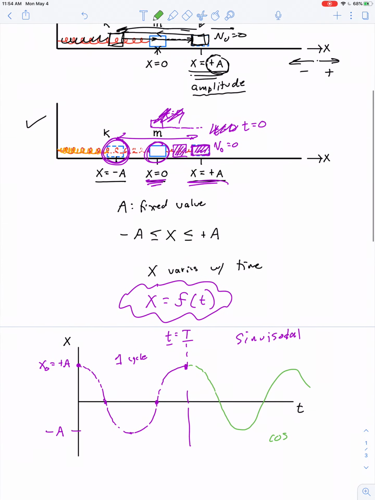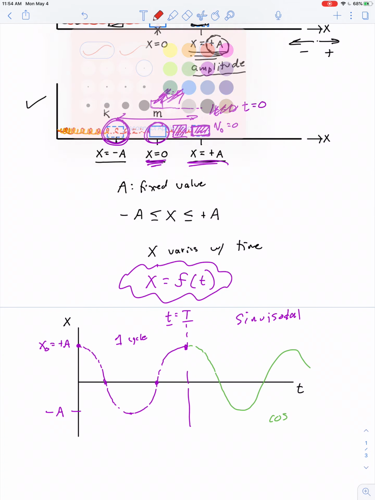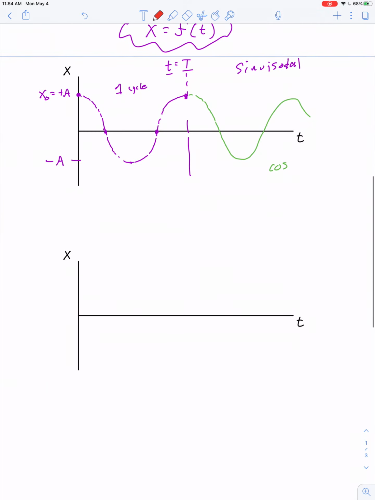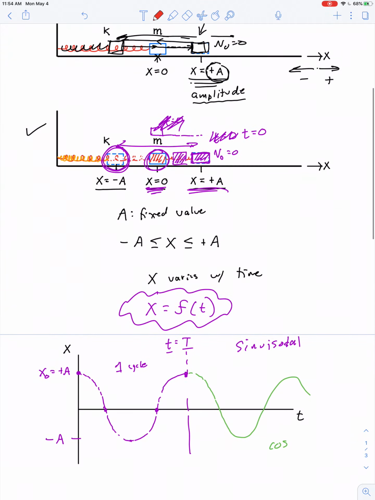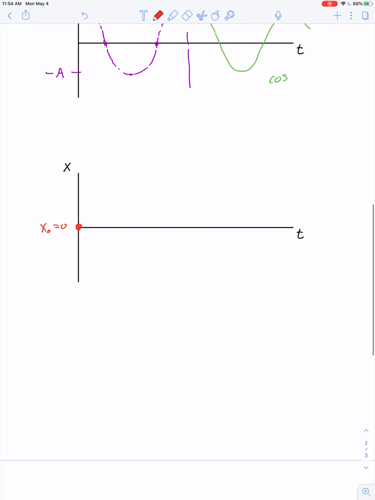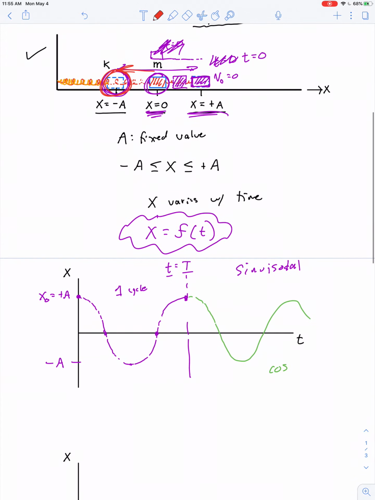Now, what if we took the alternative approach and began timing it once it first reaches the equilibrium point? Then at time t equals 0, the initial position would be 0, and after a quarter cycle, it would travel to this position where x equals negative a, and after half of a cycle, it would be back to the equilibrium position, but moving in the opposite direction.